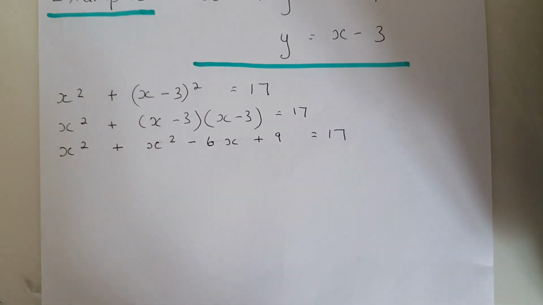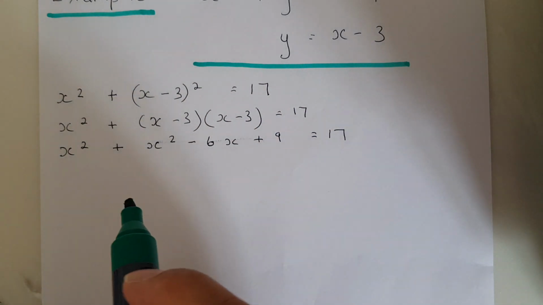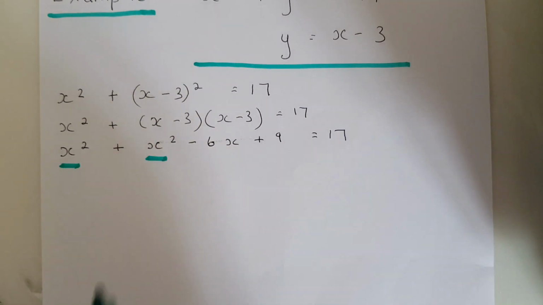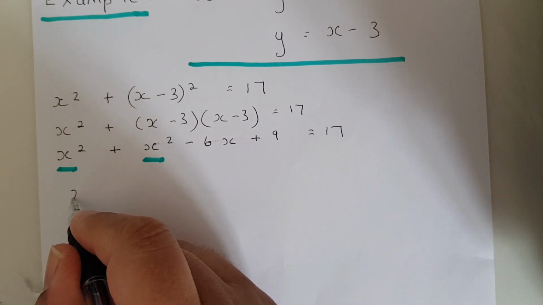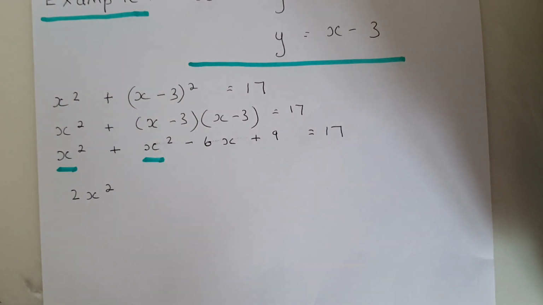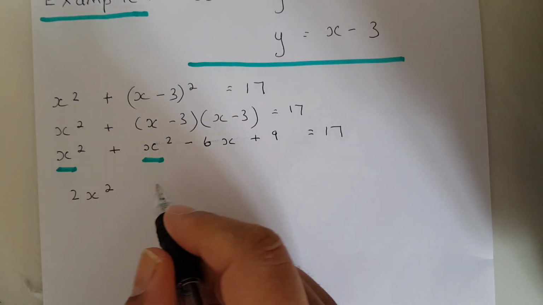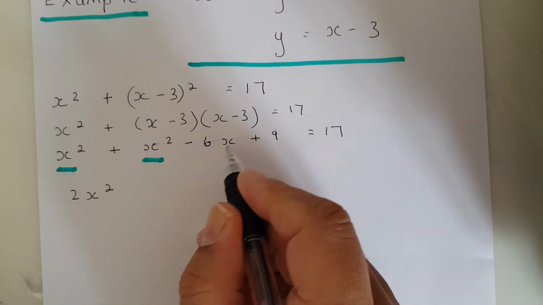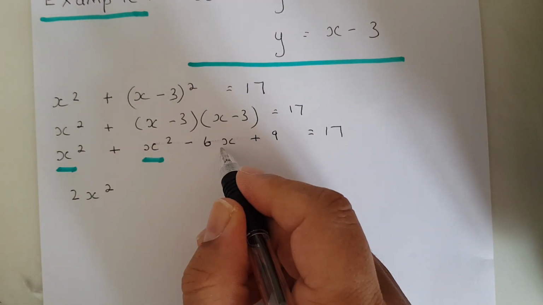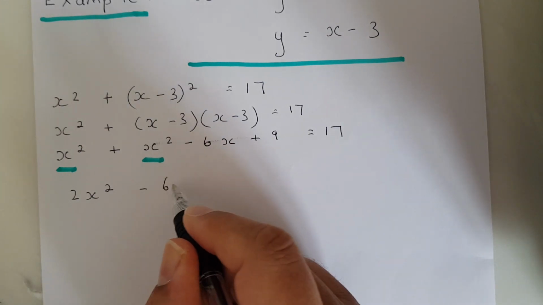Now, let's put all the like terms together. I can see an x squared there and an x squared there, nothing else. So x squared plus x squared is 2x squared. Then we've got 1x on its own, just there, no other x's, so that comes straight down.